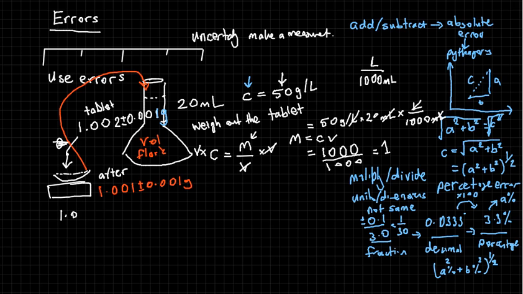Alright, so now we have to subtract these two numbers here. This is the watch glass with the tablet, and this is after.